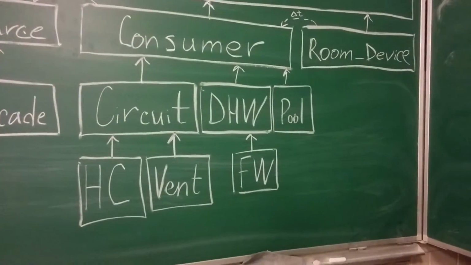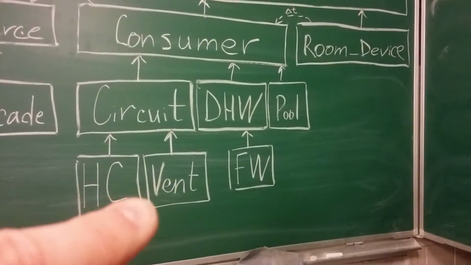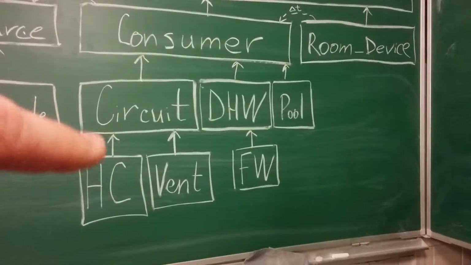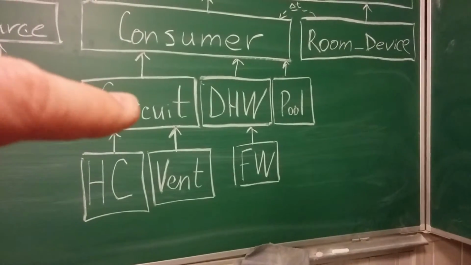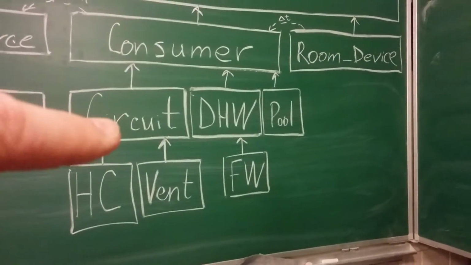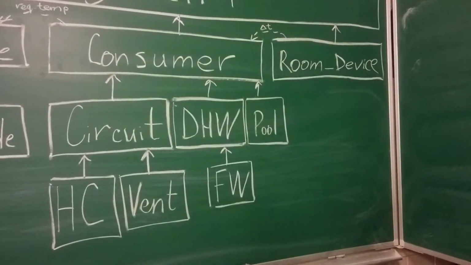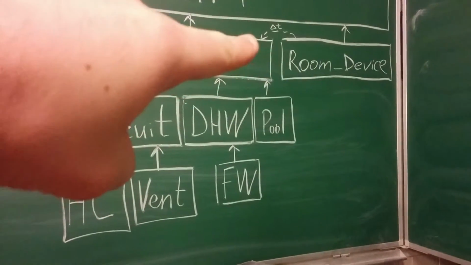Sorry. So it could be a heating circuit or a ventilation circuit. Room devices just tell their respective heating circuits, ventilation or any kind of circuits, their heating requests, which is essentially the current temperature minus the requested temperature.